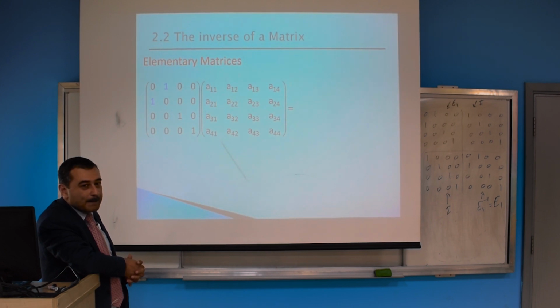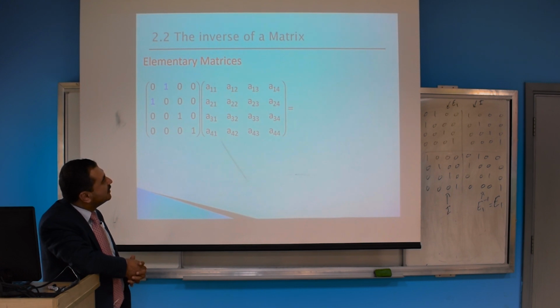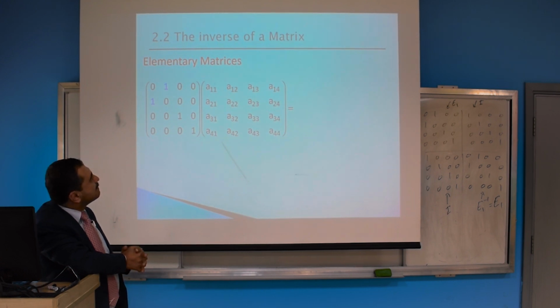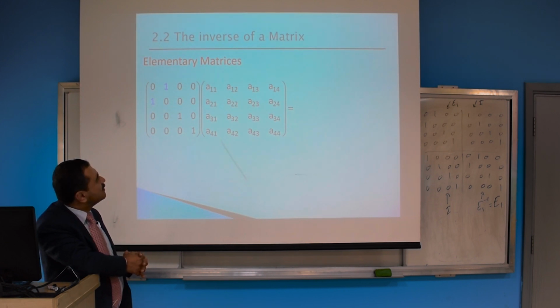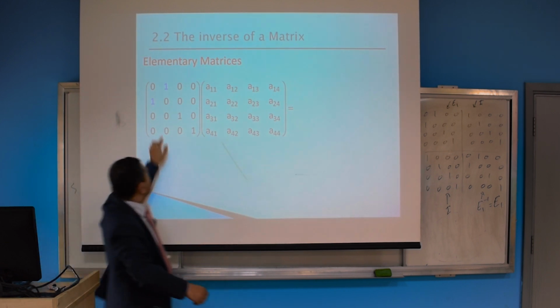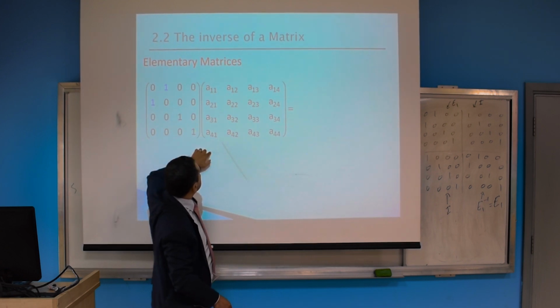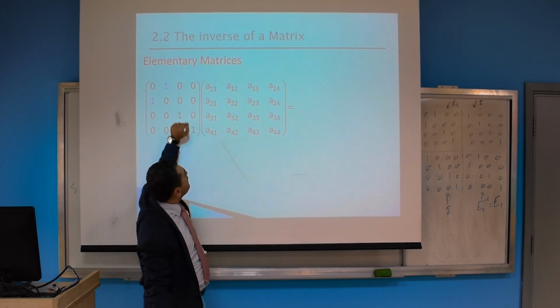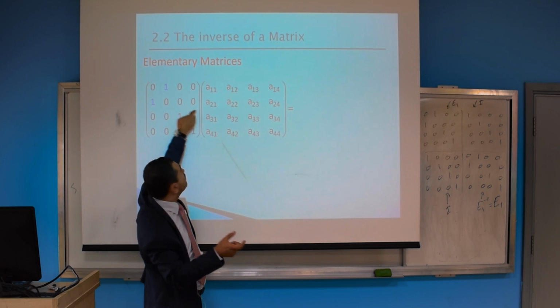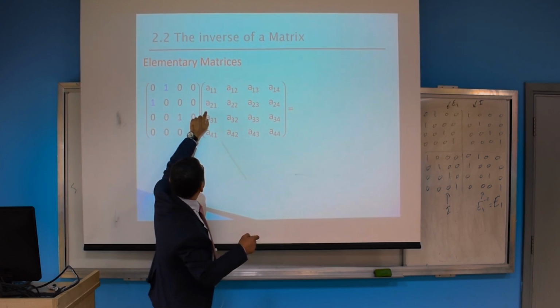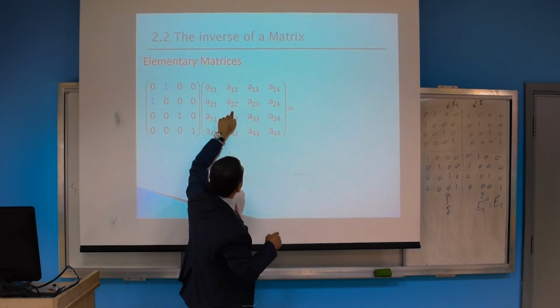Multiply it row by column. The first entry is going to be A21 and the one after it A22.